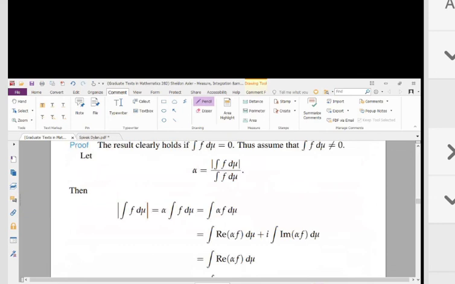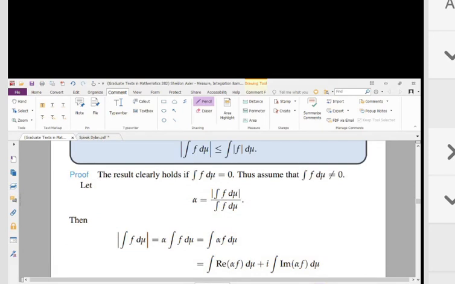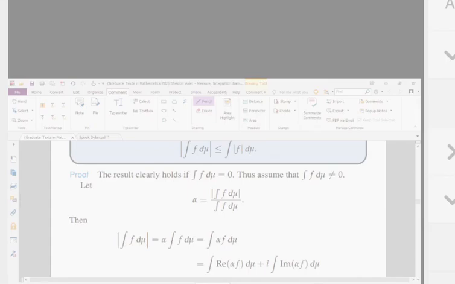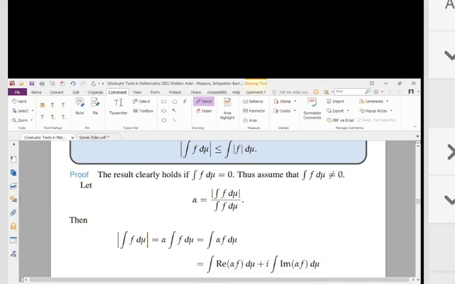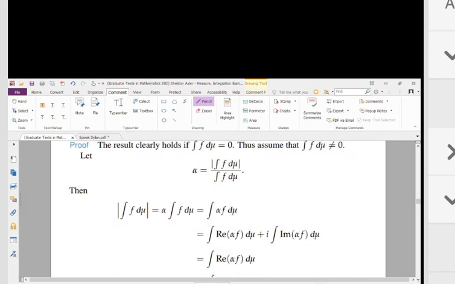the result clearly holds if this integral equals 0, okay? If this integral equals 0, then it is clear that we have this integral equal to this integral, because for any alpha, if we put alpha, these two are omitted, okay?